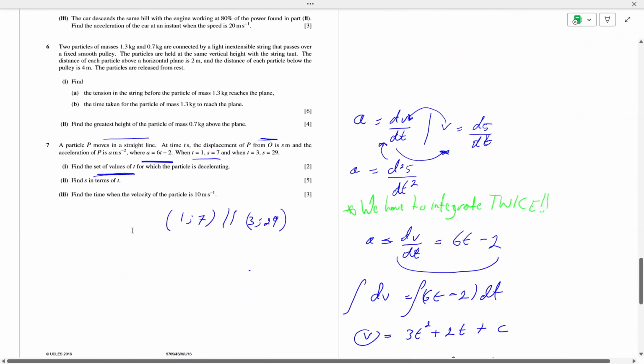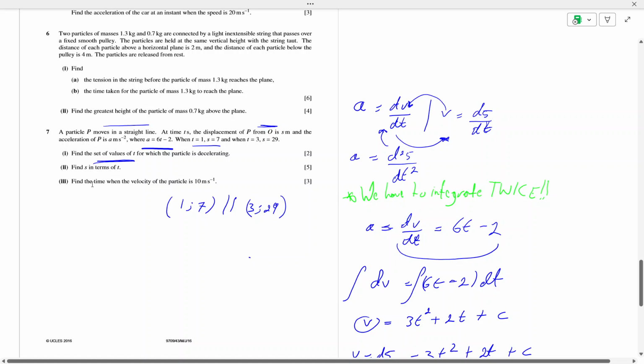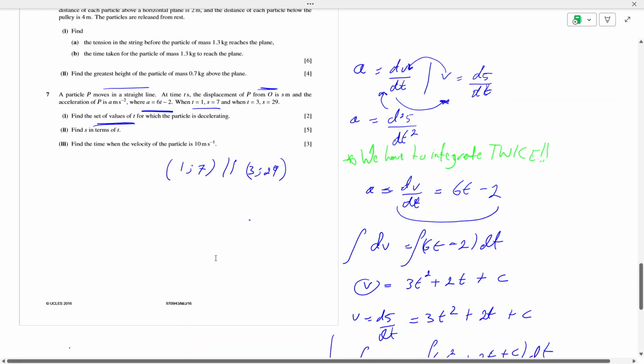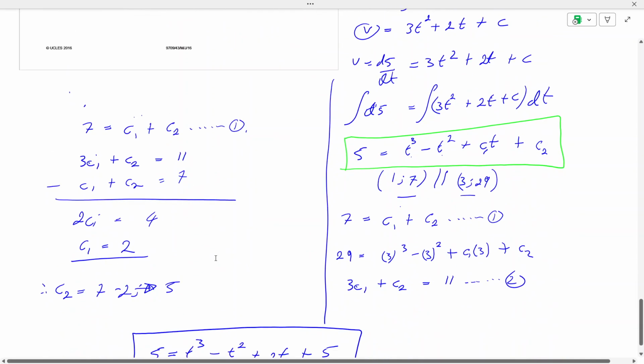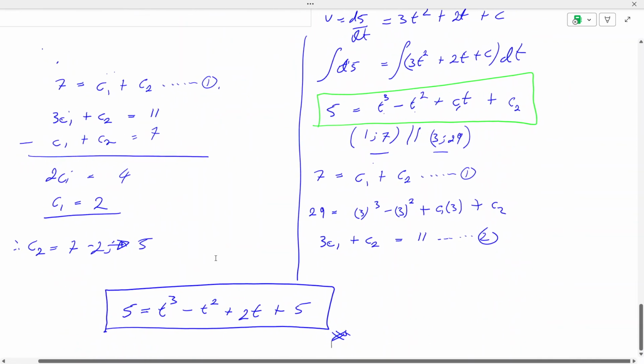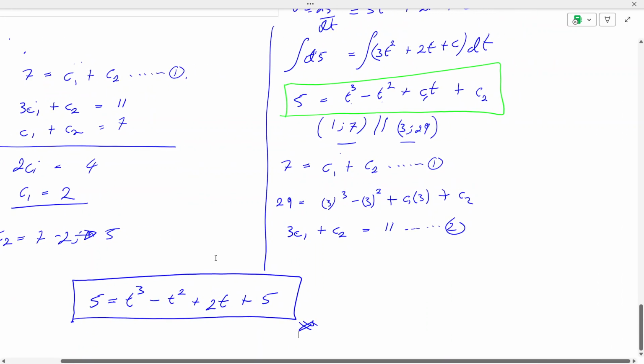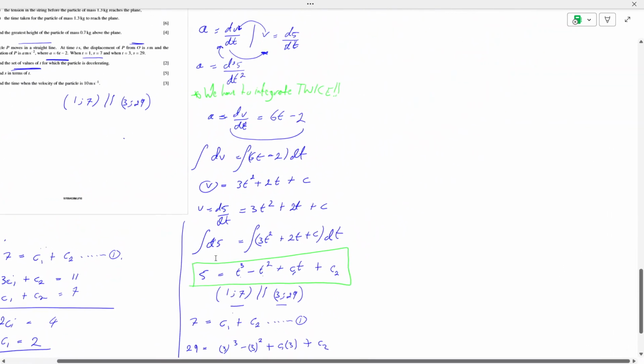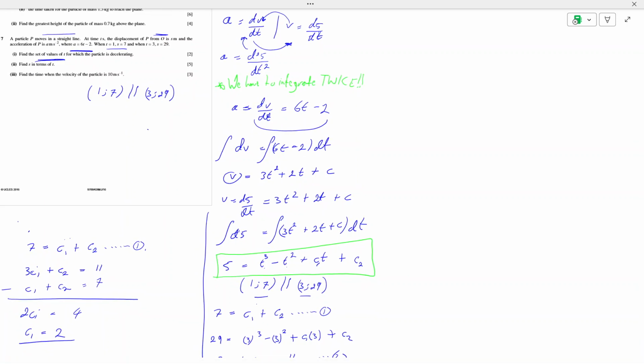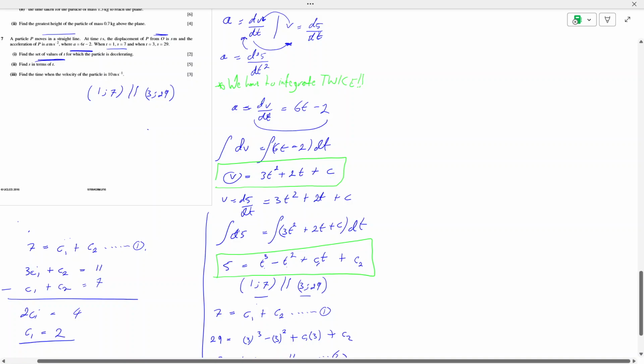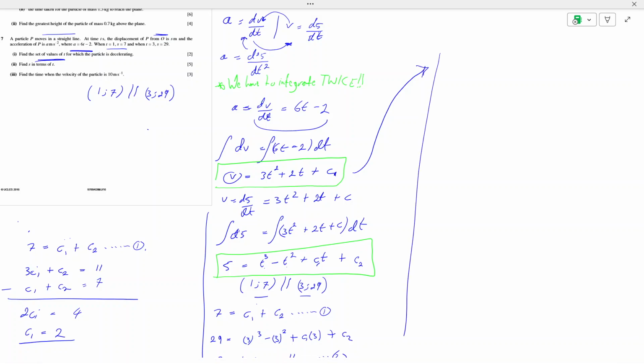And then the final part for this exam, find the time when the velocity of the particle is 10 meters per second. All right, so I'm gonna use the velocity. Remember, we found v here. Remember, this was c1. So I'm just going to translate that.